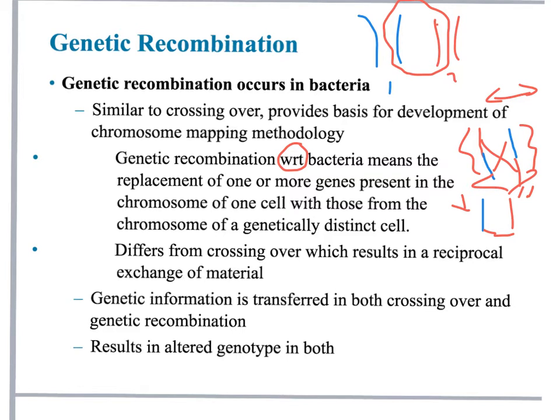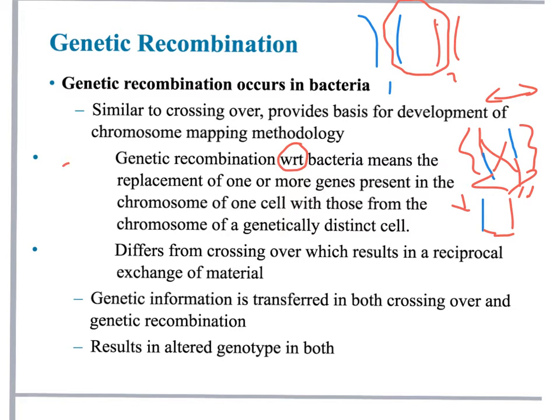You're just replacing one or more genes in the chromosome of one cell with those from the chromosome of a genetically distinct cell.